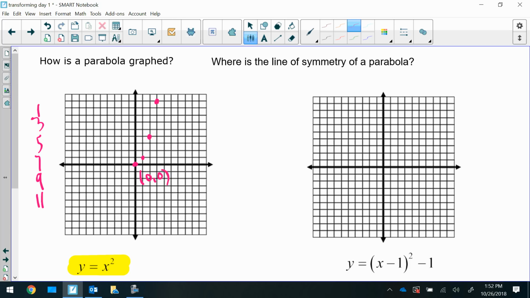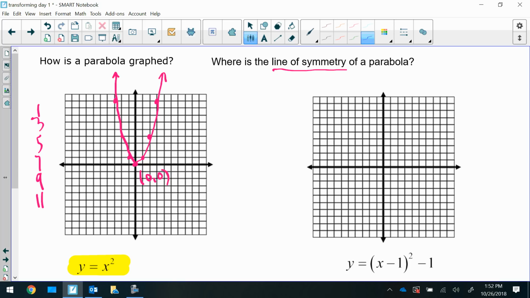And that would continue on forever. So that is what gives us our curve. Now, this goes along with the line of symmetry, the parabola is symmetric. So if I can go over to the right 1 and up 1, that means I can also go over to the left 1, up 1, left up 3, left up 5, and so on. And now I have a parabola.